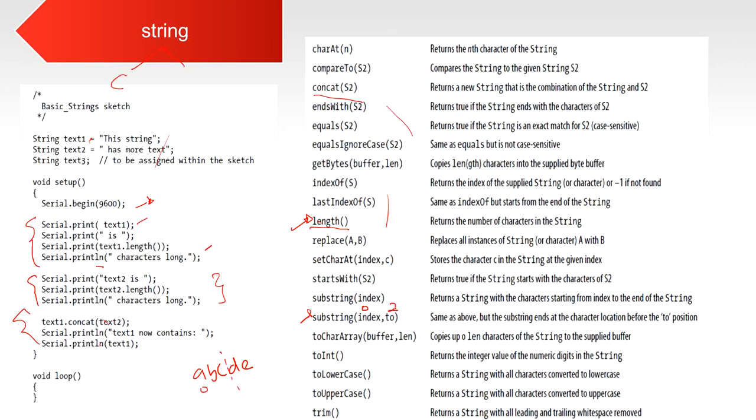So this is the length. It will go to this location and then move forward and extract this information. It's something like we cut part of the string and then put it in a new variable.